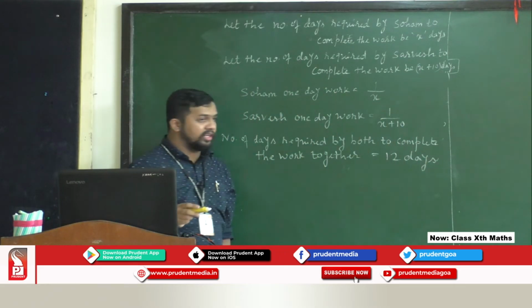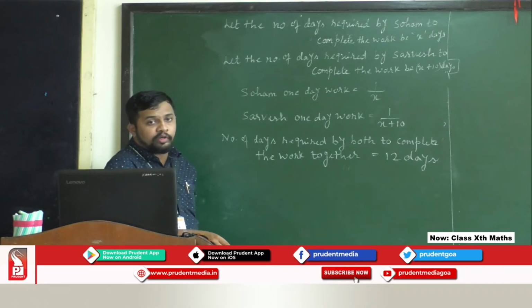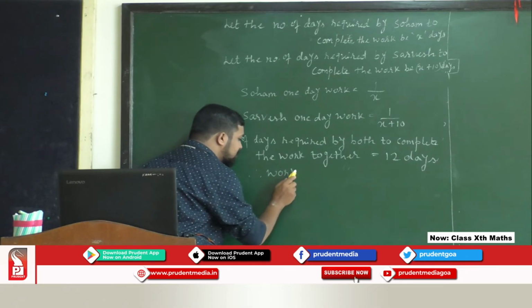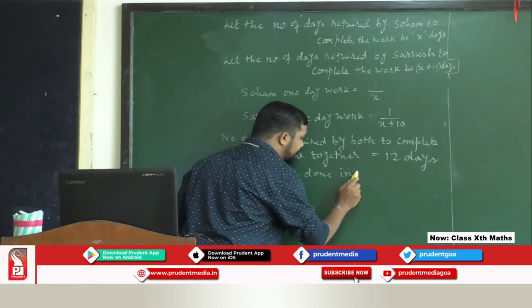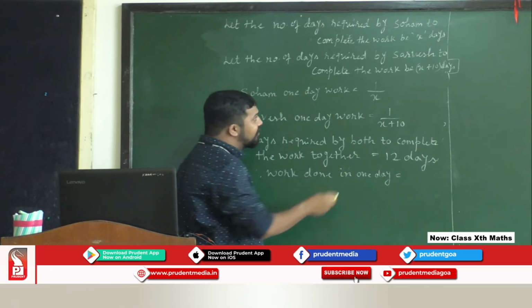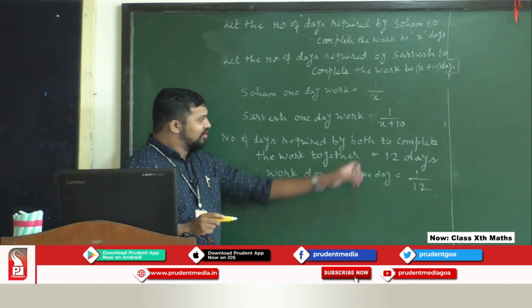That was given in the question. Same way, therefore, work done in one day will be how much? We take entire work as 1. Number of days are 12. So clear up to this point.